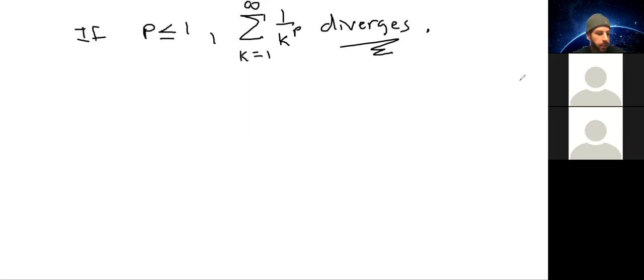Let's do another example of the integral test. This would be the third example.